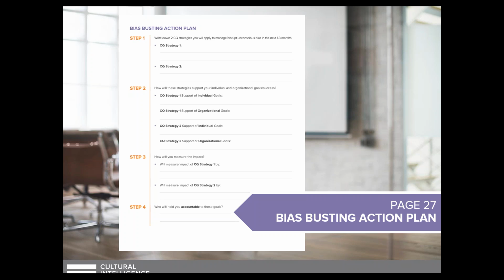What are the strategies? How will those strategies be used to support individual and organizational goals? And then thirdly, how will you measure the impact? And then lastly, who will hold you accountable to these goals? So just a new and improved action plan that allows individuals to write down these things just on one page, and it makes it realistic and doable for them.